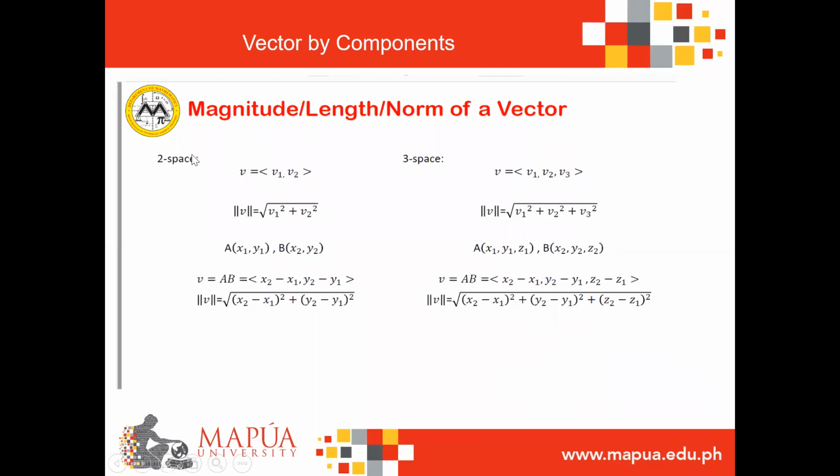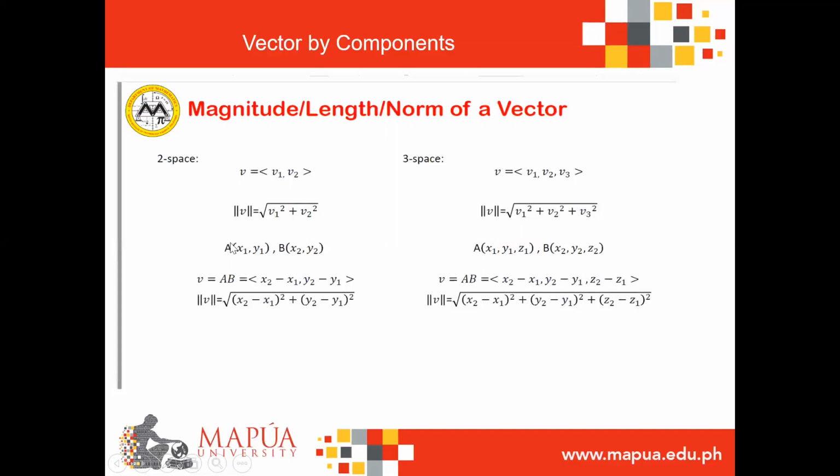In two space, a vector v has components v1, v2, and its magnitude, length, or norm is given by a notation like a double absolute value sign. The magnitude of v is equal to the square root of v sub 1 squared plus v sub 2 squared.